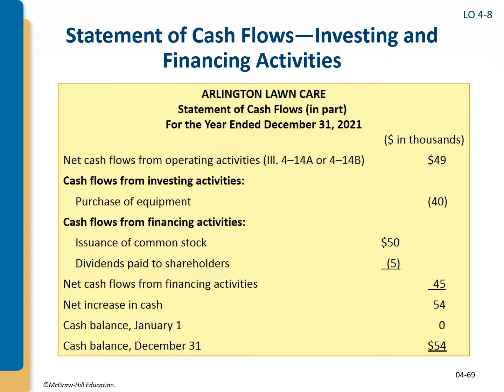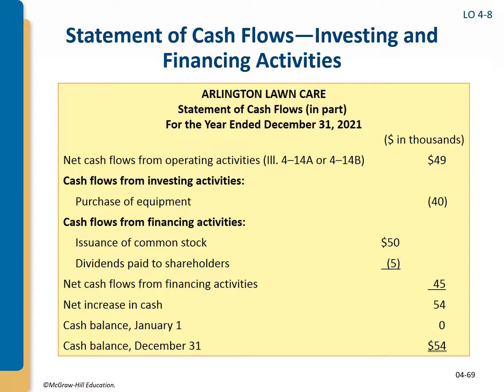If that's it, that's all you report. The cash flows from financing activities: the company sold common stock. What's the impact on cash? It increased by 50. But they also paid dividends to shareholders, so they decreased cash by 5. So the net cash flow from financing activities is 45.